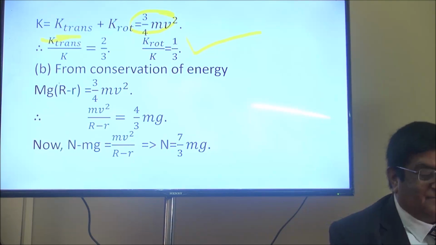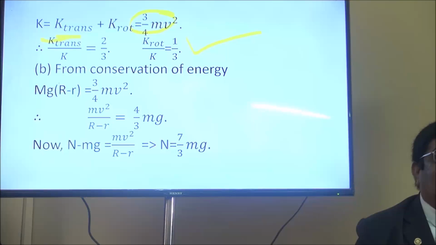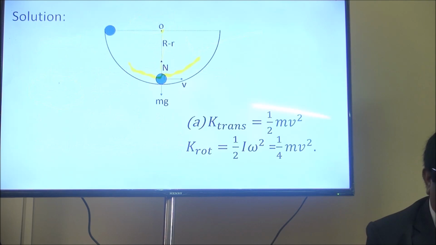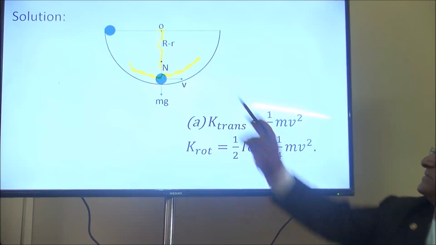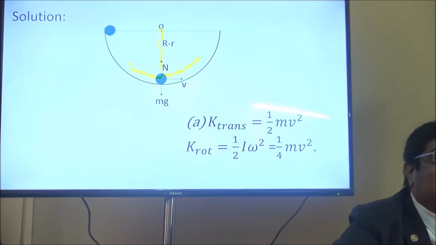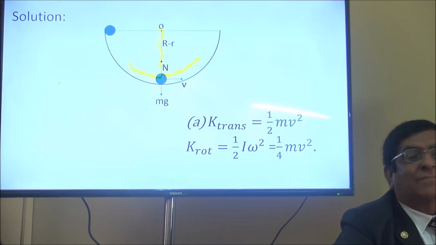And here you see mg into R minus r. What is this? This is potential energy. Understand? Because how much has it fallen down? It has fallen down by R minus r. So the total energy it has got is mg into R minus r.